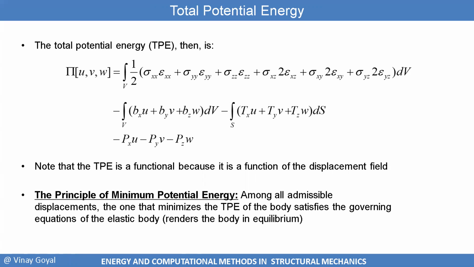And the Euler-Lagrange equation is going to be the governing equations of elasticity for this problem, which we all know what that is. And when I solve for u, v and w out of this governing equation, that u, v and w is the one that renders the system in equilibrium, but also extremizes pi, or minimizes pi. We know it minimizes pi because the total potential energy, as I already told you, is of quadratic nature.